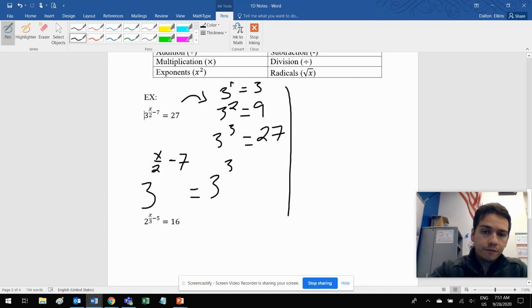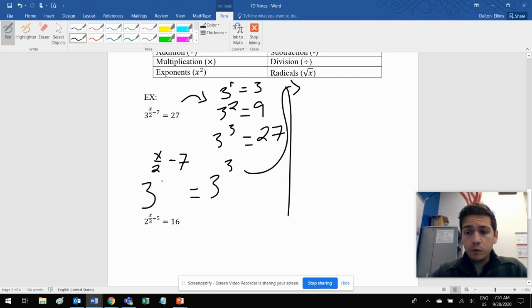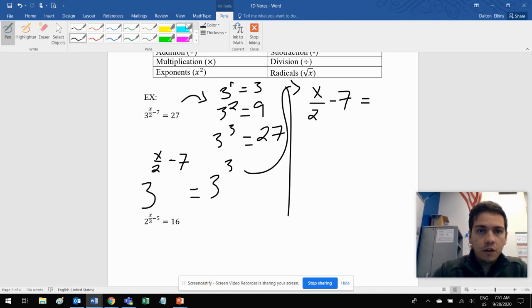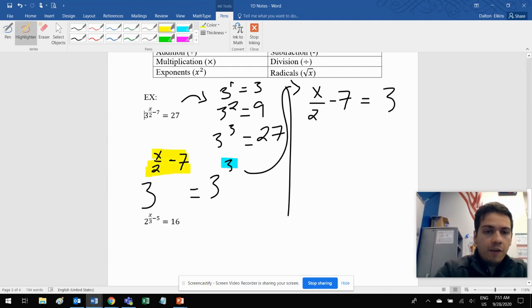Once we get here, we can set the exponents equal to each other. They have the same base, so the exponents have to be equal. So x over 2 minus 7 is equal to 3.